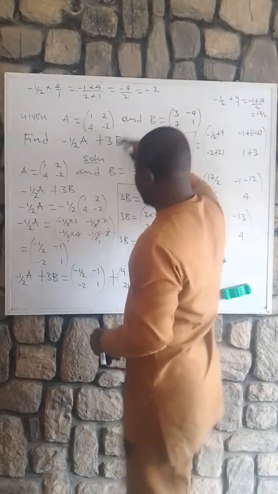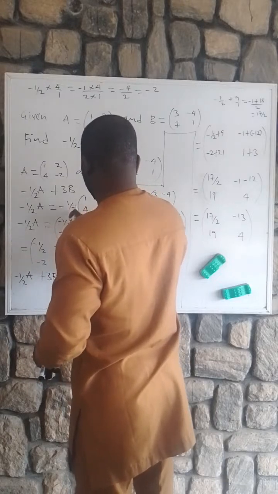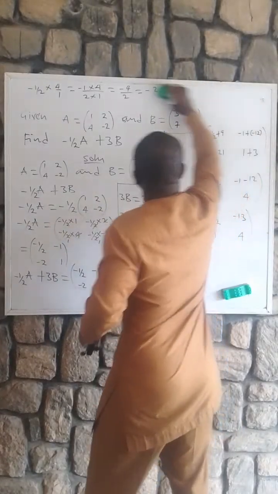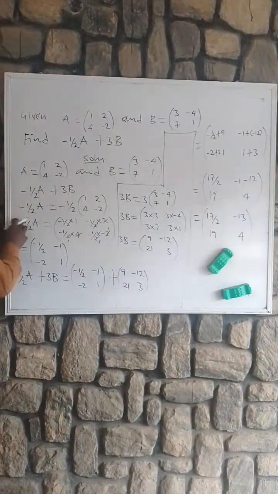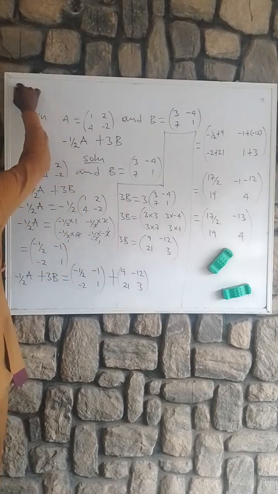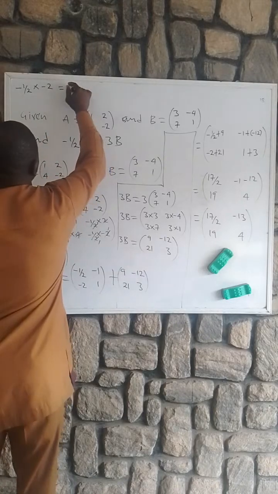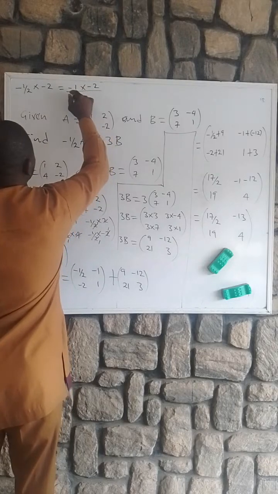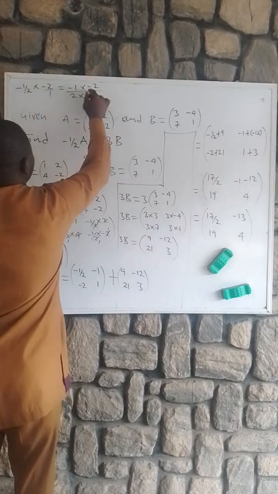Then the same thing is applicable here. This times minus 1 all over 2 times minus 2 is the same approach. Is that clear? So minus 1 all over 2 times minus 2 is equal to minus 1 times minus 2 all over 2 times 1, because there is an invisible 1 here.